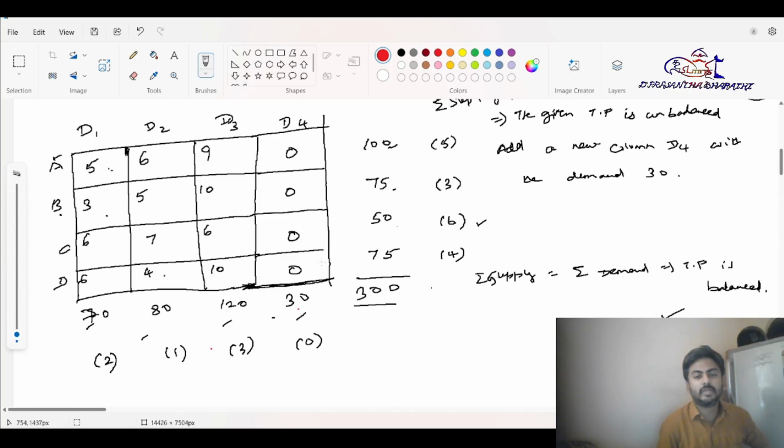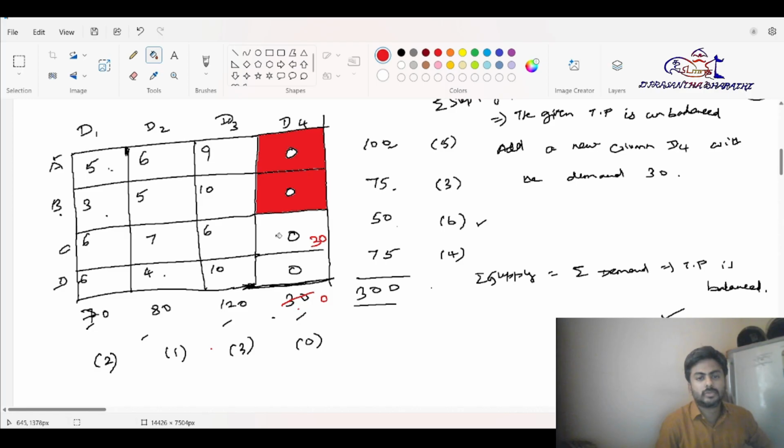The minimum of 30 and 50 is 30. So I am assigning 30 here, so that this 30 will become 0. Since this column is satisfied, I am going to cancel this column.